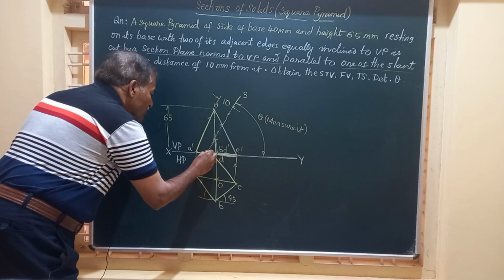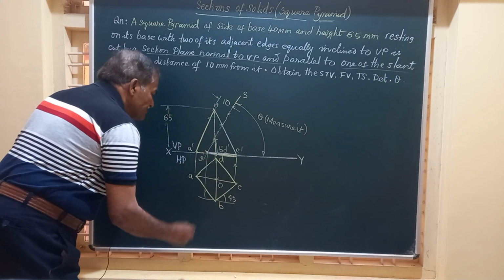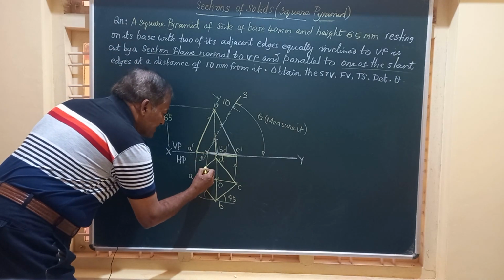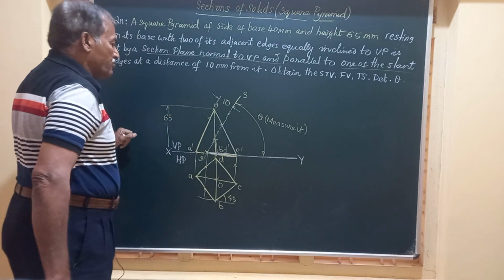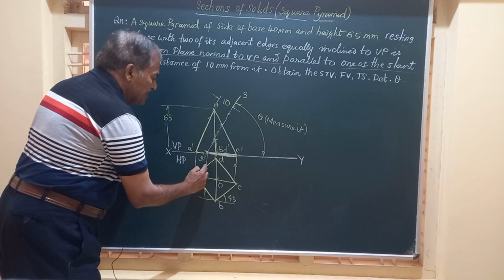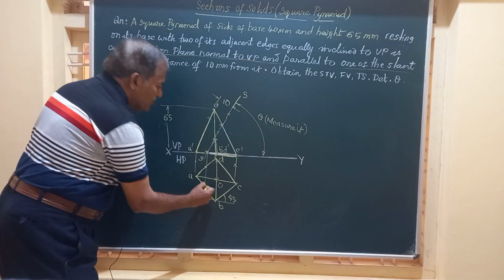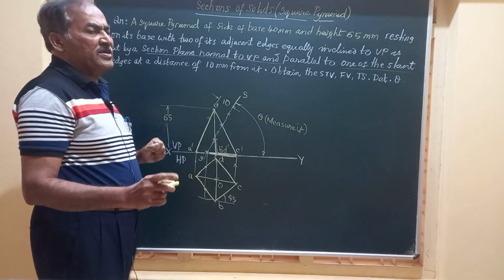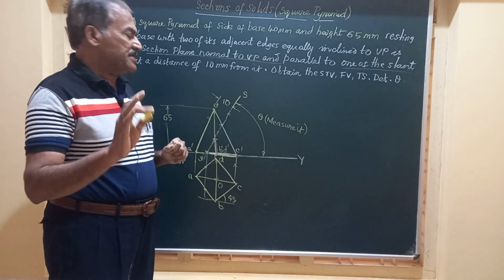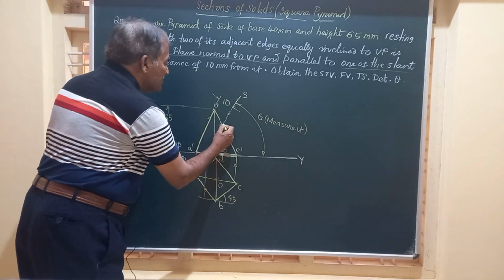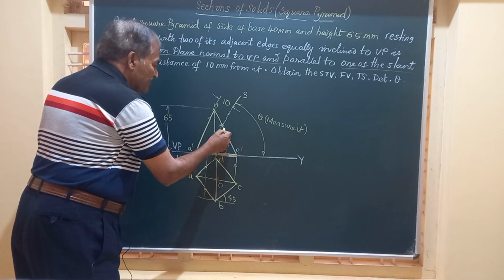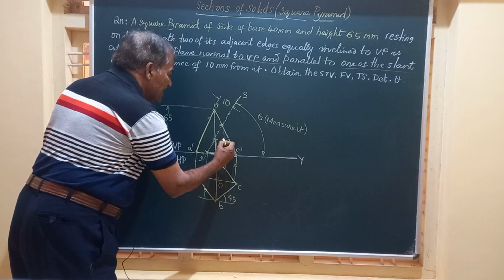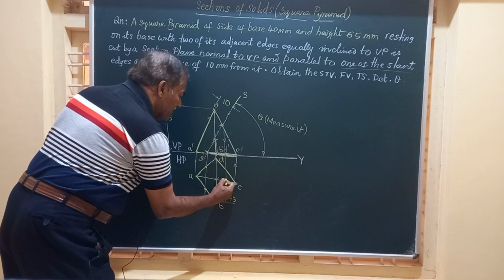If you just write a vertical line from there, it is cutting base AD here, base AB at this point. So we can give some name to this later on. So there are 2 points where the section plane is cutting the base. Then comes this OC, O dash C dash, is cut here. And friends, from there, if you write a vertical line downwards, you will get a point here.